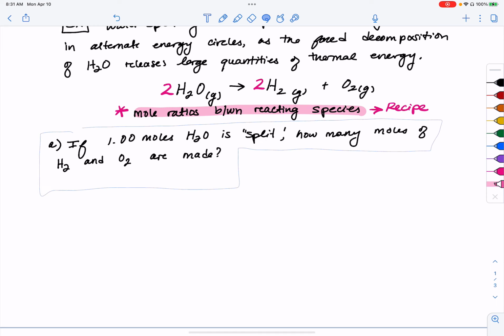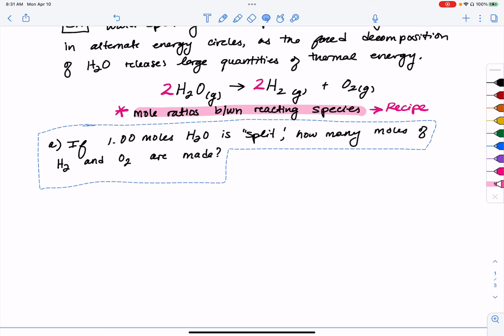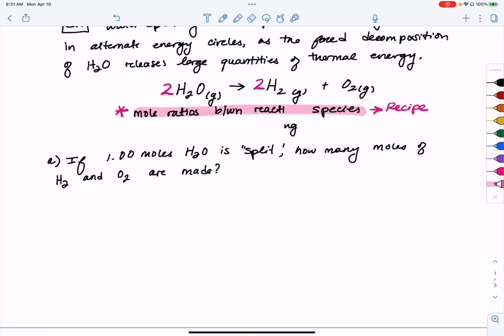We are going to look at some actual amount of either reactant or product that is either used or made, and see if we can use some information about that mole quantity and our mole ratio from balancing our chemical reaction to get some quantitative information about what's going on in this reaction. So A says, if 1 mole of H2O is split, then how many moles of H2 and O2 are made?